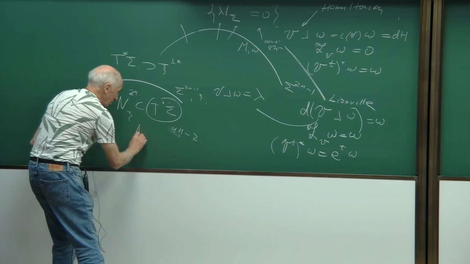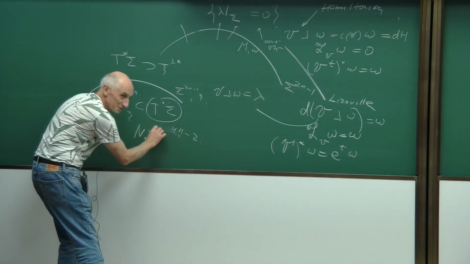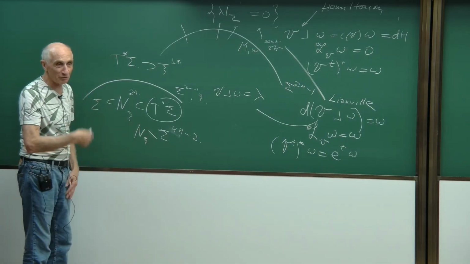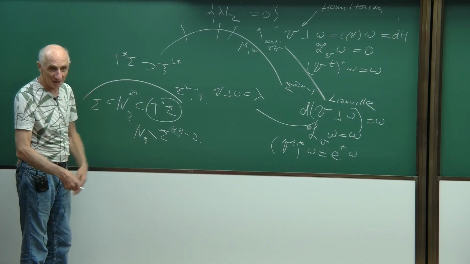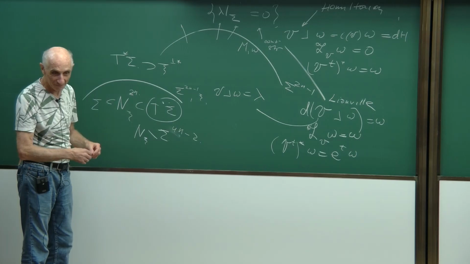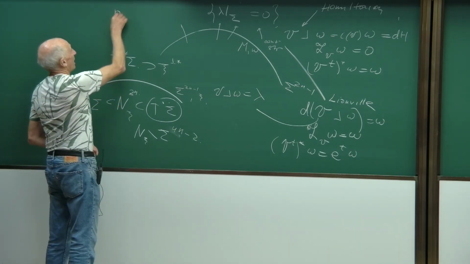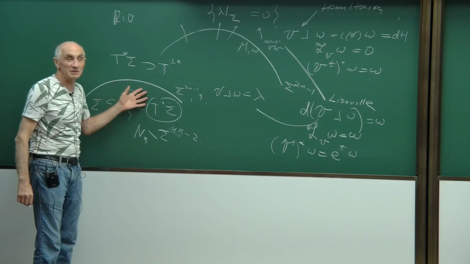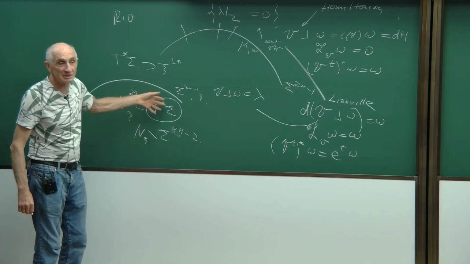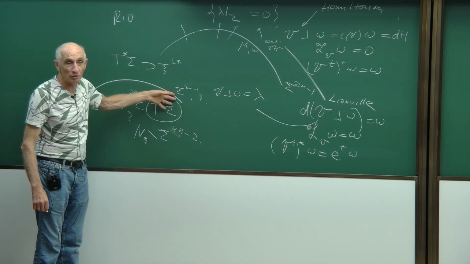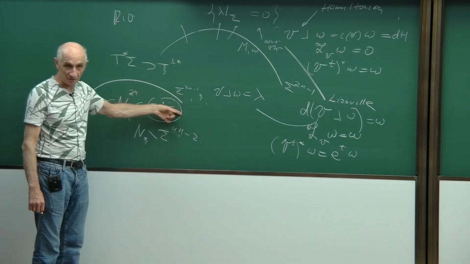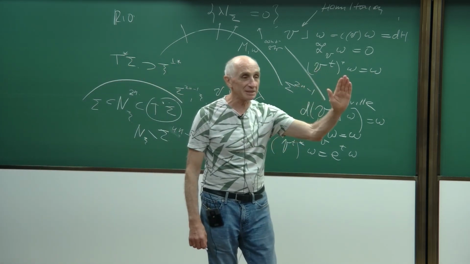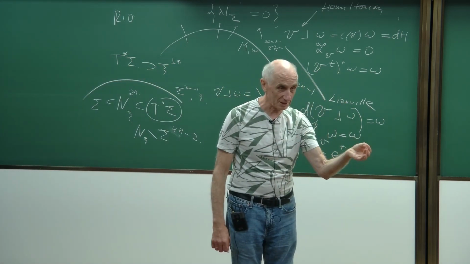But if you remove sigma, so you take instead of the R bundle an R star bundle, you think of this as an R minus 0 bundle, then it could be symplectic. And it turns out that it's symplectic if and only if xi is a contact structure, right? So this bundle is called the symplectization of xi.